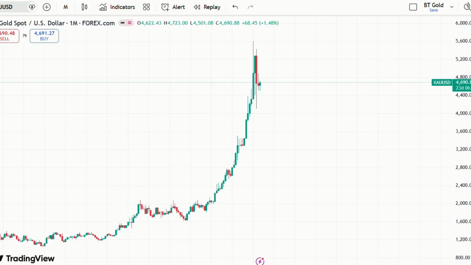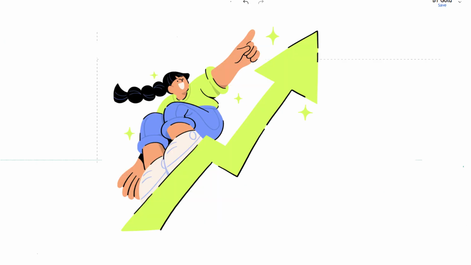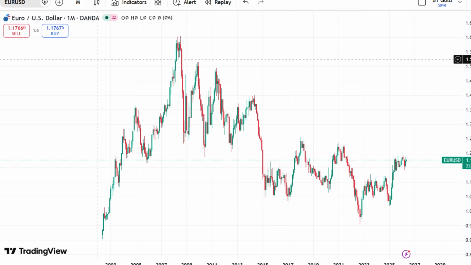Now, if we look at the monthly chart for gold, what do you see? Are we in an uptrend or a downtrend? It's pretty straightforward, right? We are in an uptrend as this is a bullish instrument. Now, if we look at another popular pair, which is Euro USD, you will see something different. This is a monthly chart for Euro USD.